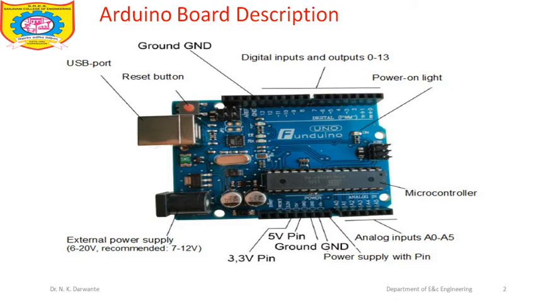Then certain analog input pins are also there for connecting the sensor. 5 volt pin is there. 3.3 volt pin is also there. Two ground pins are available for making connection with the other project components. And an external power supply is also made available. Now all these Arduino board descriptions we will see in detail.